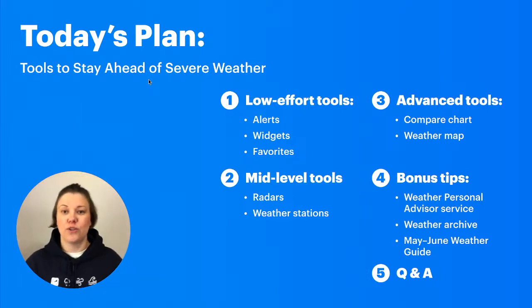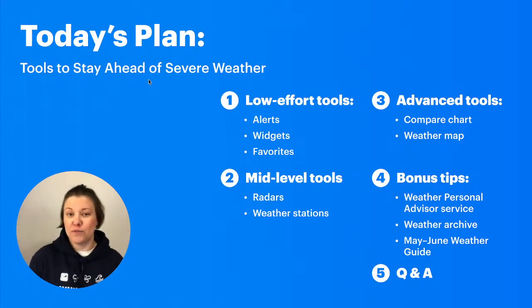You have to know a bit more about them to use them, but they're not rocket science, and they are limited to checking the weather for going out today, so adjusting your plans. Then we're going to dive into some advanced tools, the compare chart and the weather map. I have mentioned them in other webinars, but this would be a good refresher or just an explanation for those of you who are not familiar yet. And then we're going to move on to the bonus tips.